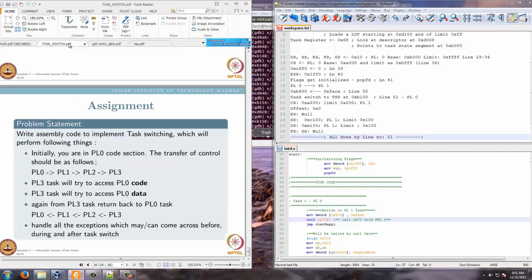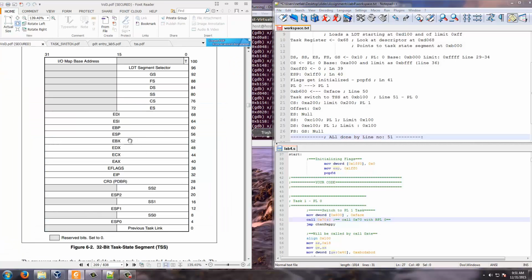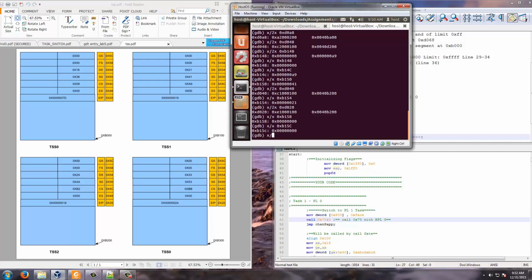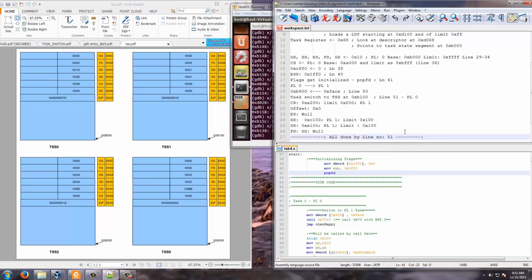Okay. So, what is your ESP value? Let us go and see where is ESP. ESP is at 56 in this thing, which is 0x38. So your ESP value is 0xB138, which is ESP is 0x50.